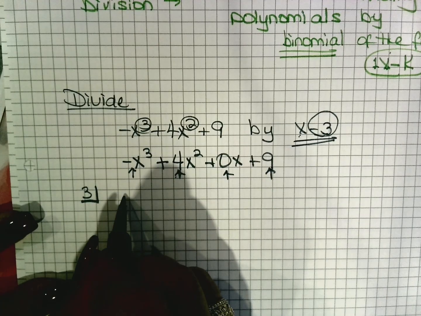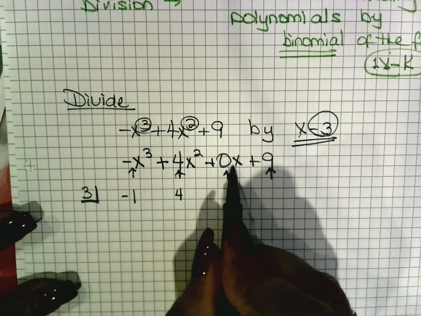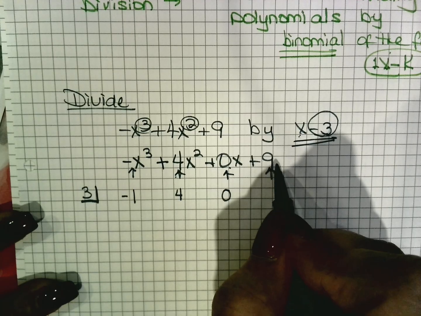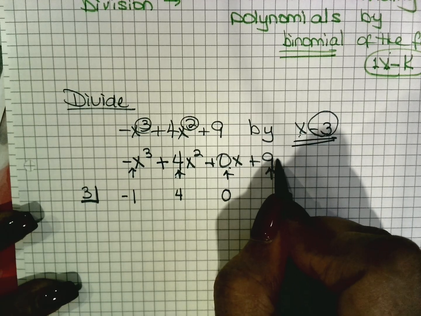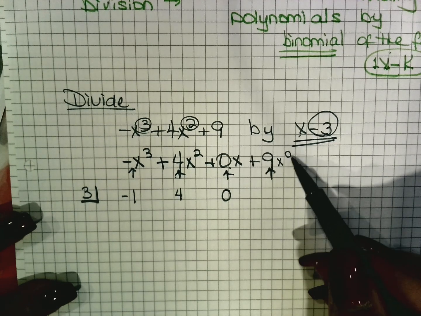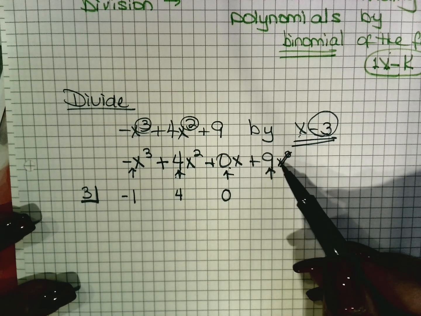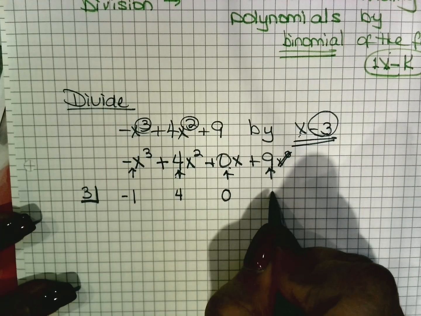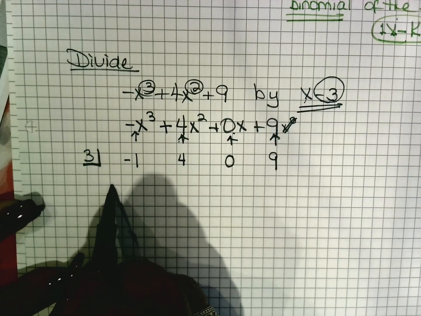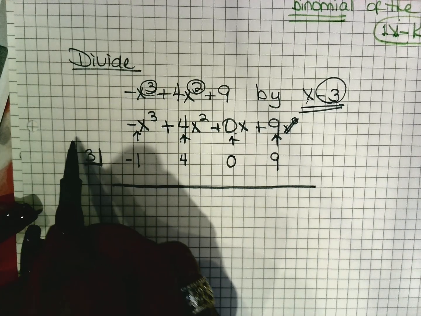The coefficient here is a negative 1. The coefficient here is a positive 4. The coefficient here is a 0. Now remember, even though 9 is a constant, it is also a coefficient because this is 9x to the 0. X to the 0 power is just 1, so we normally don't write it. But 9 is also a coefficient. Then you draw yourself a little line and you're ready to get started.